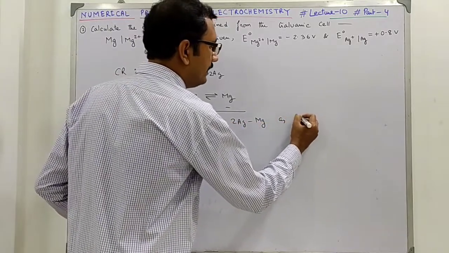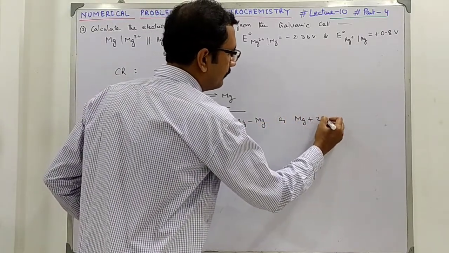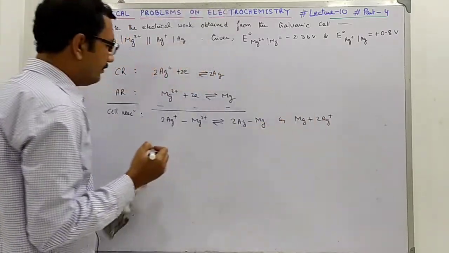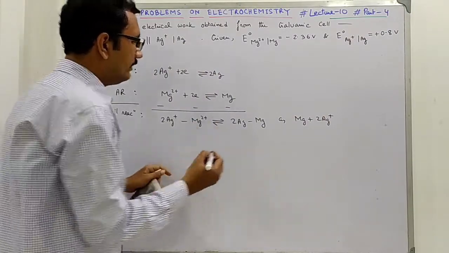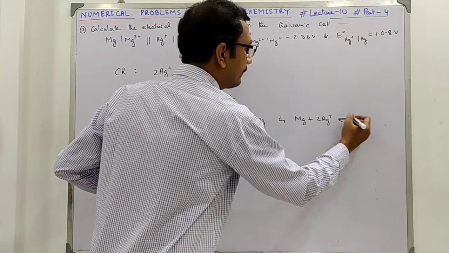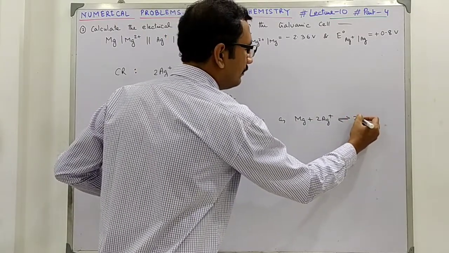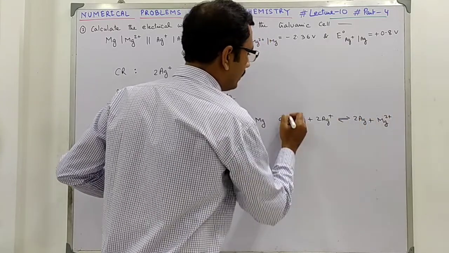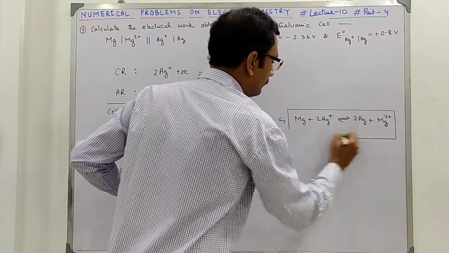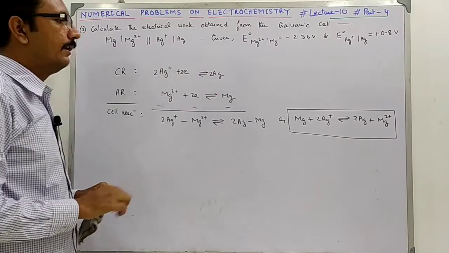So, it will be Mg plus 2 Ag plus, reversible 2 Ag plus Mg2 plus. So, this is the cell reaction.